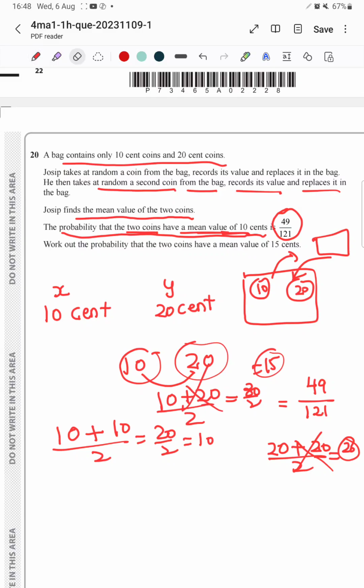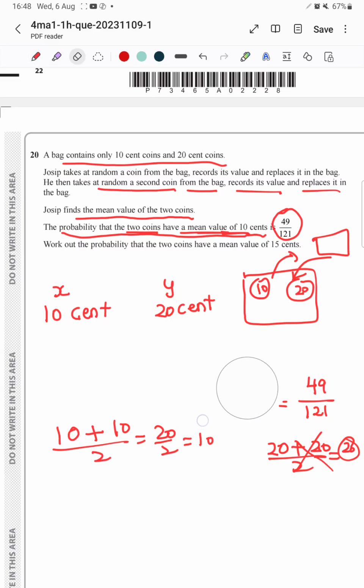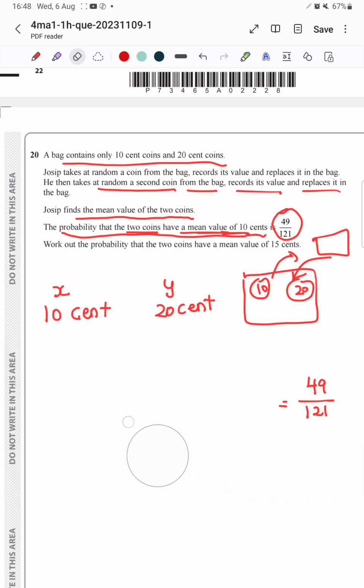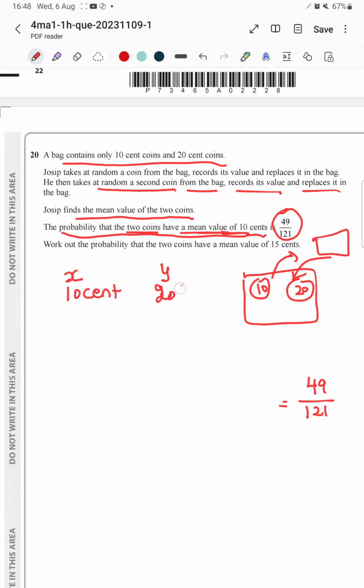So that means this probability they are talking about is when we are taking only two coins which are both 10-cent coins. So if I have x coins of 10 cents and y coins of 20 cents, to find out the first coin, what is the probability of getting the 10-cent coin? There are total x 10-cent coins out of x plus y coins. And the second should also be the same way.